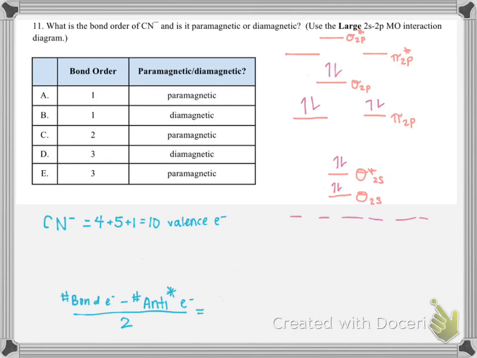Once you fill in the diagram, it's really easy to figure out the para or diamagnetic. Paramagnetic is when we have unpaired electrons, and diamagnetic is when we don't.